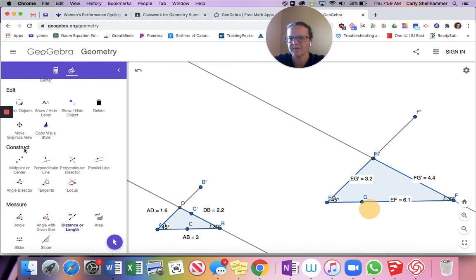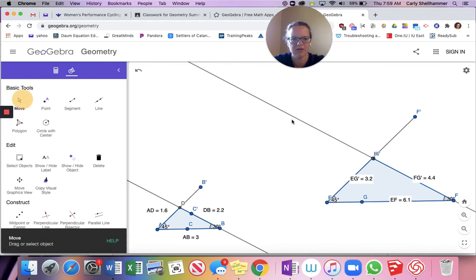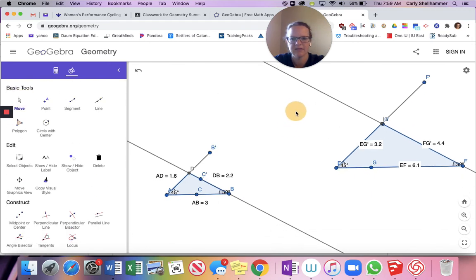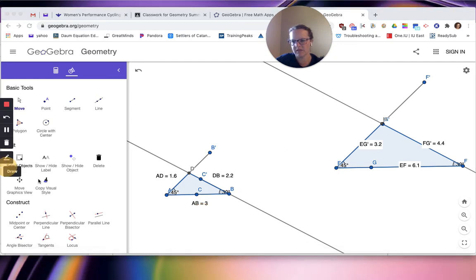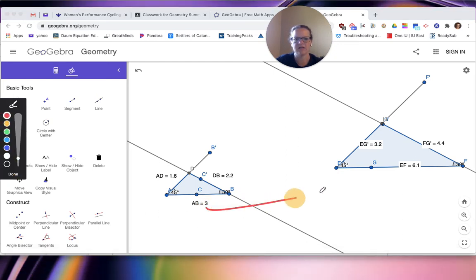I don't know. Maybe it was G I should have been trying to grab, not H. Because we see, no, I'm going to go with it should have been H. So if this is 3, that's 6.1.